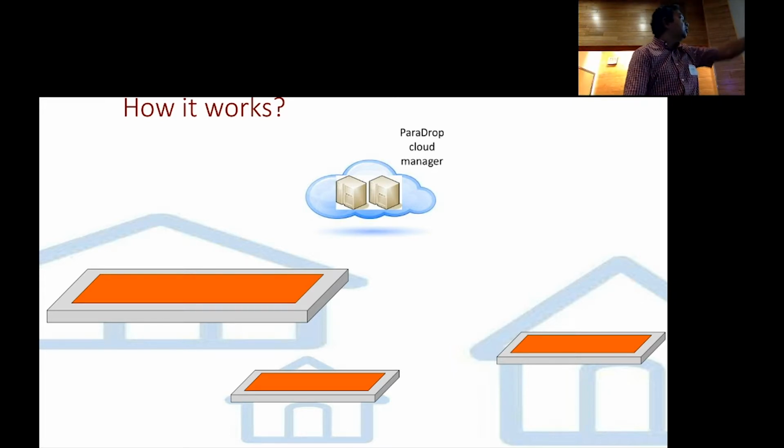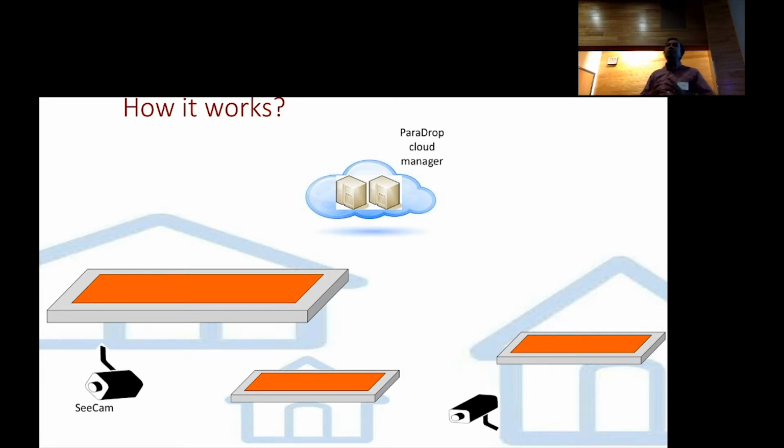Let's say there are 3 homes with 3 ParaDrop routers. And let's say somebody decides to create a new and fancy security camera system. Let's say we call it CCAM. What is unique about this solution is that the video stream is not going to go into somebody's cloud and be a target of privacy invasion.